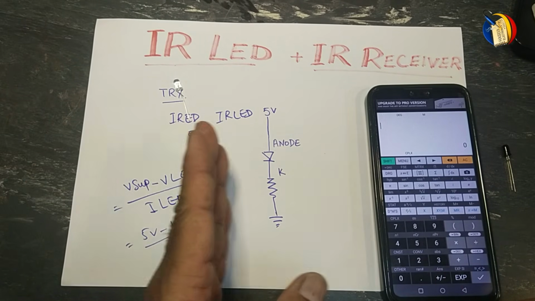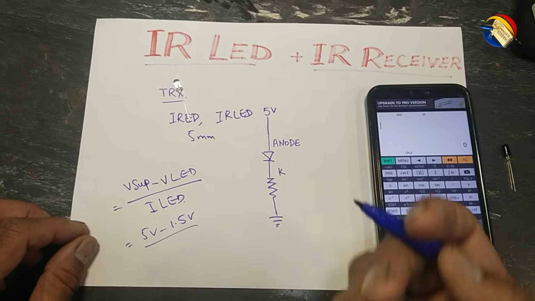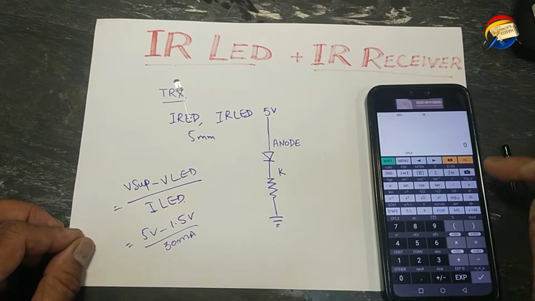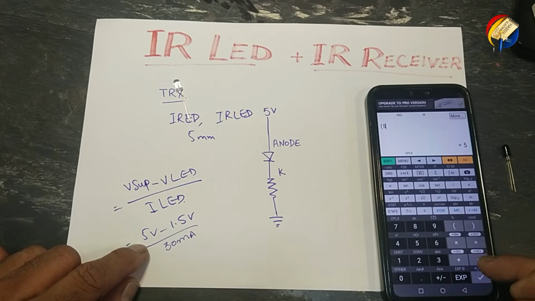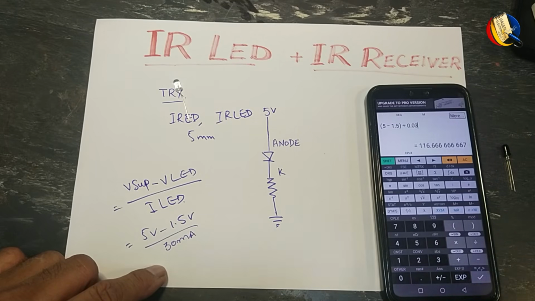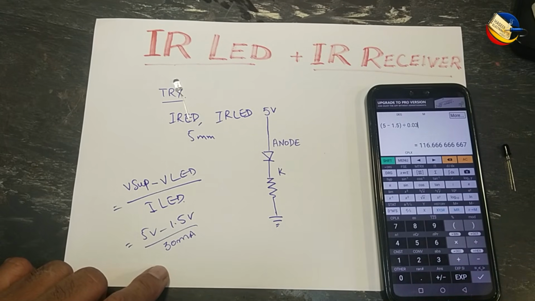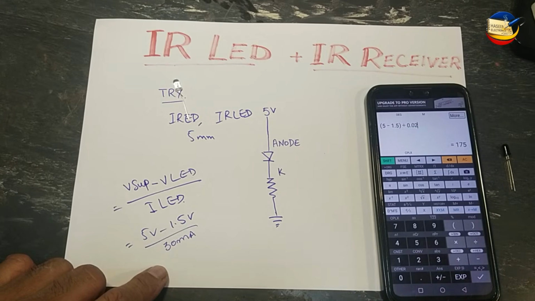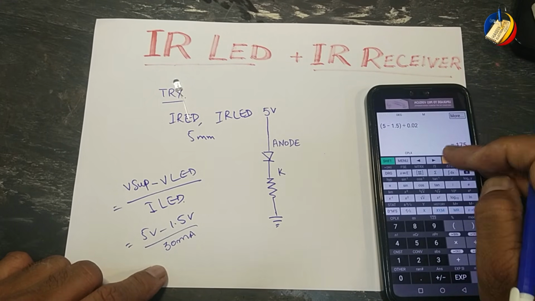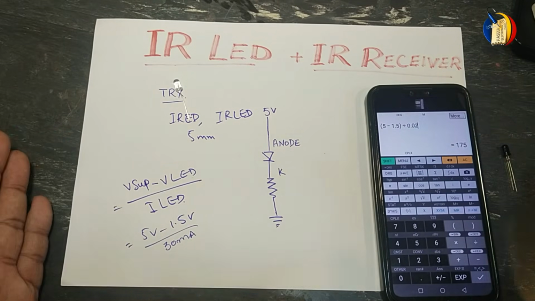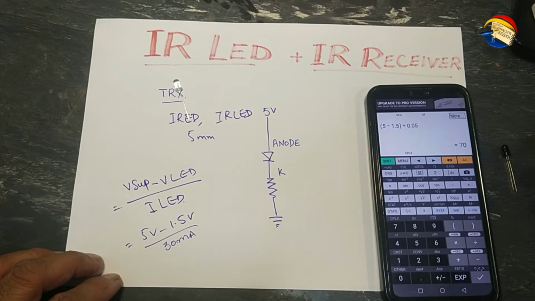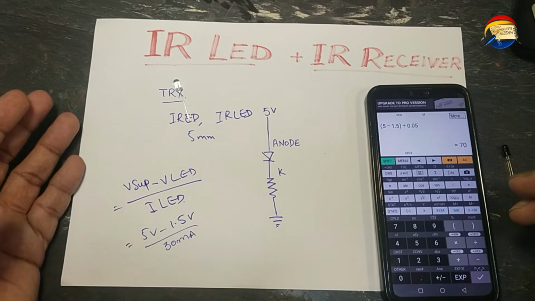We will use it for short distance, so I will use 30 milliampere. 5 minus 1.5 divided by 0.03 gives 116 ohms. If I use 20 milliampere, I will use 175 ohms. If you want a long distance, you can use 50 milliampere. In that case, you will need a 70 ohm resistor, but the power rating will increase.